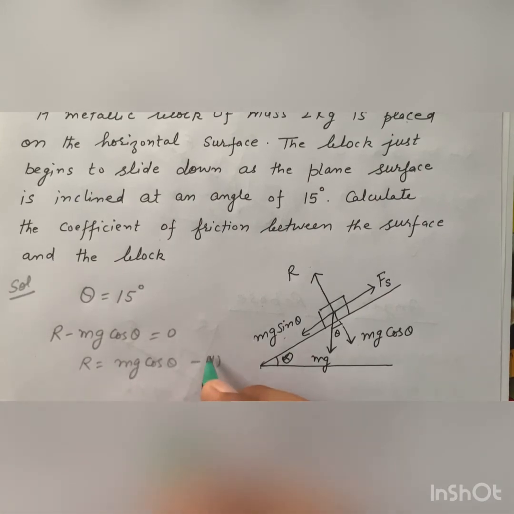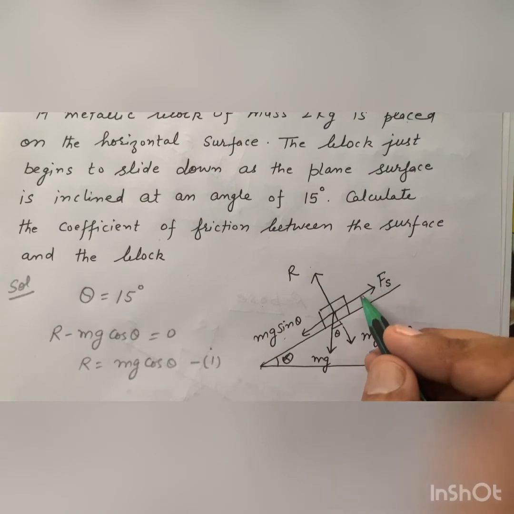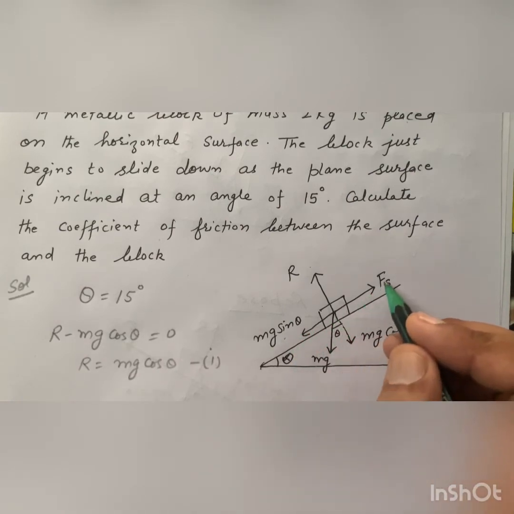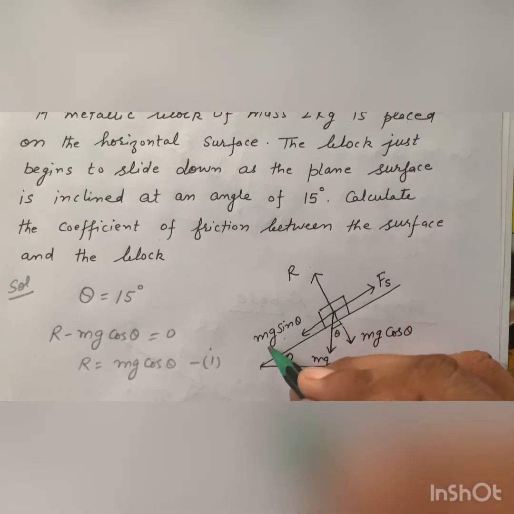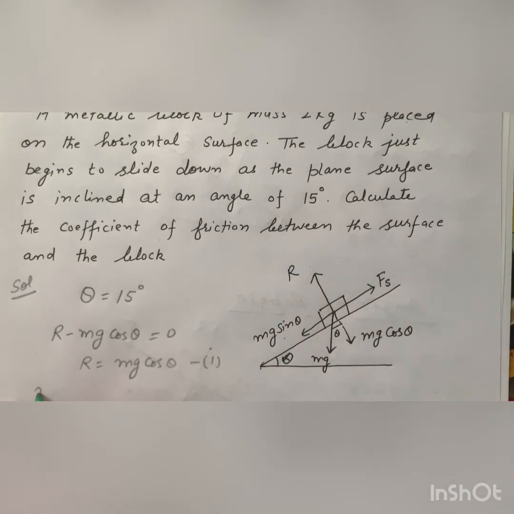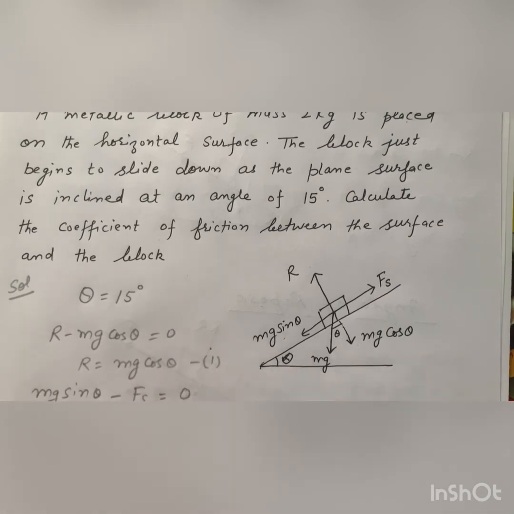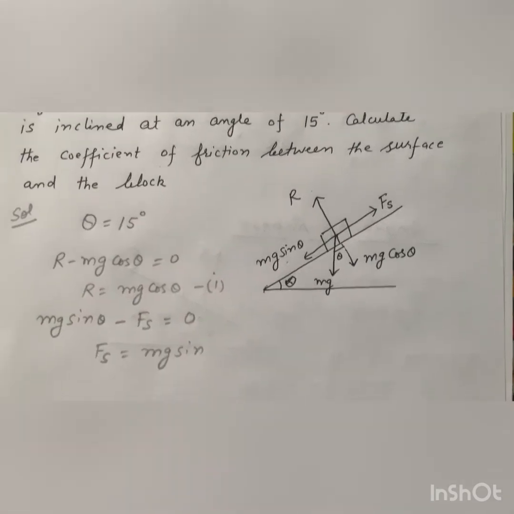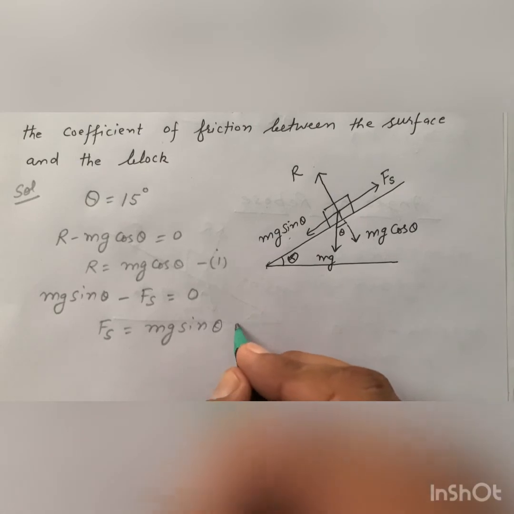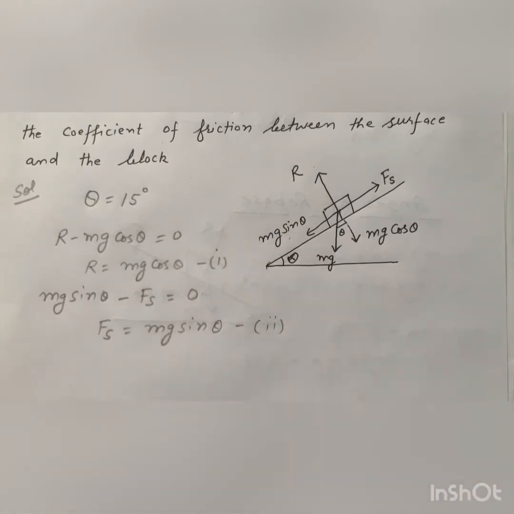This is equation number 1. Here also there is no force acting along this direction, so we have mg sin theta minus Fs equal to 0, or Fs is equal to mg sin theta. This is the equation 2.